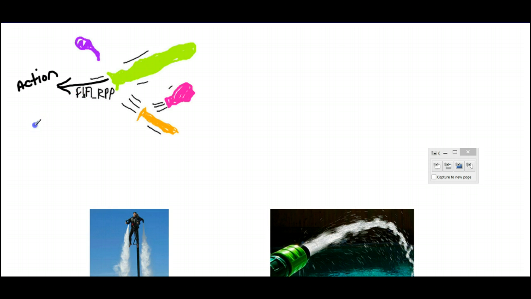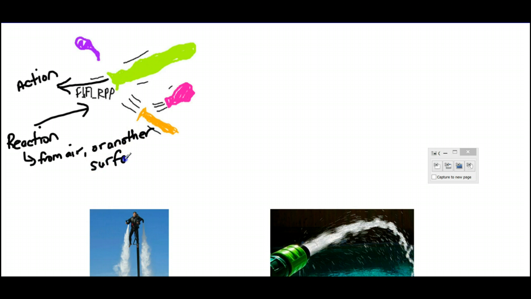So the reaction which propels those balloons forward is an equal and opposite force back on the balloon from air or another surface. So the balloon's pushing out with force, that's your action, the air and the gases, and those gases are pushing against something that causes that equal force back on the balloon to propel it forward.